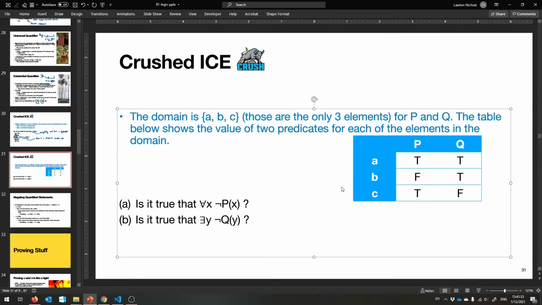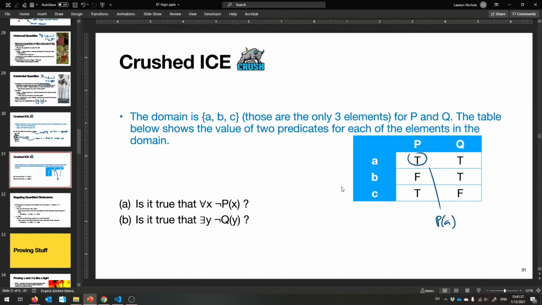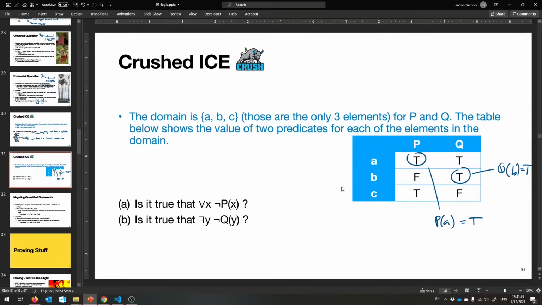So right here, for example, it's saying that P of A equals true. Q of B equals true. The domain of these predicates is just A, B, and C. That's all they could range over.